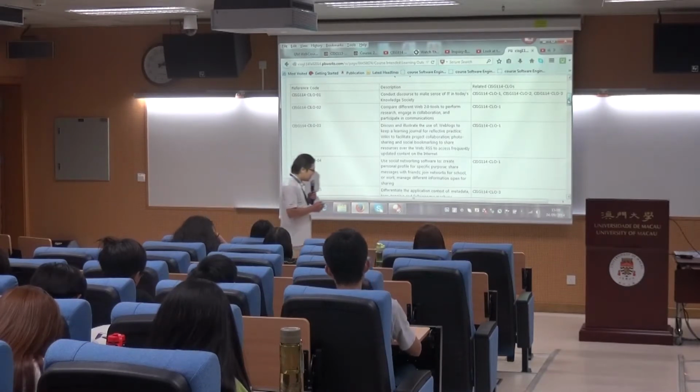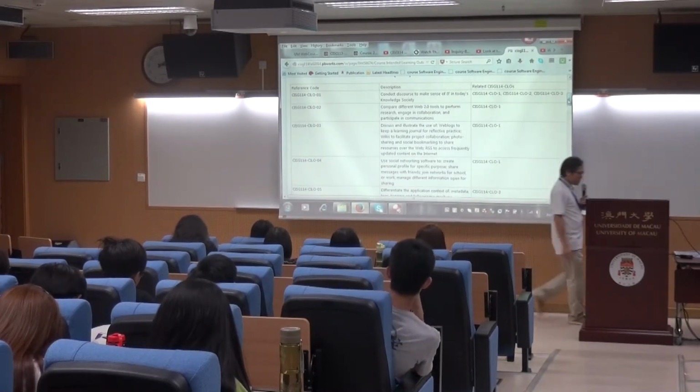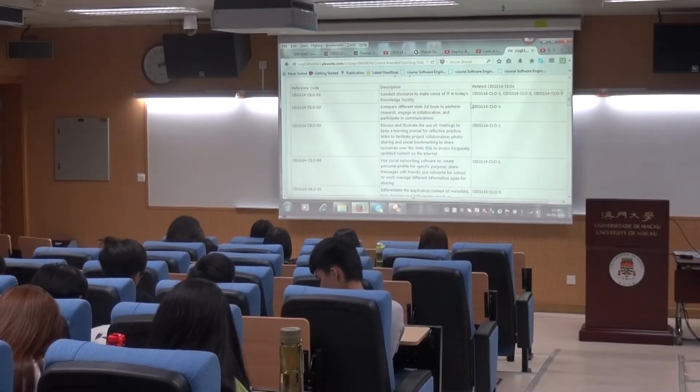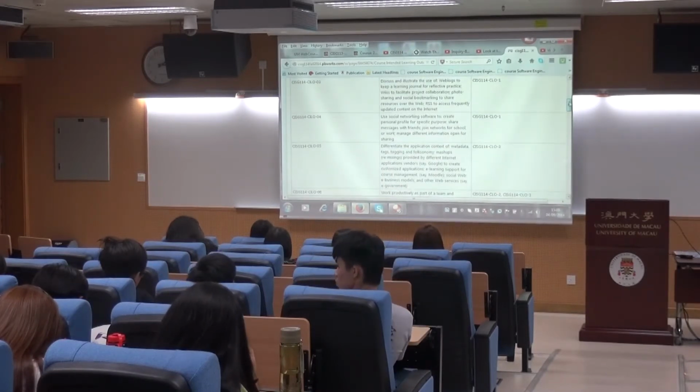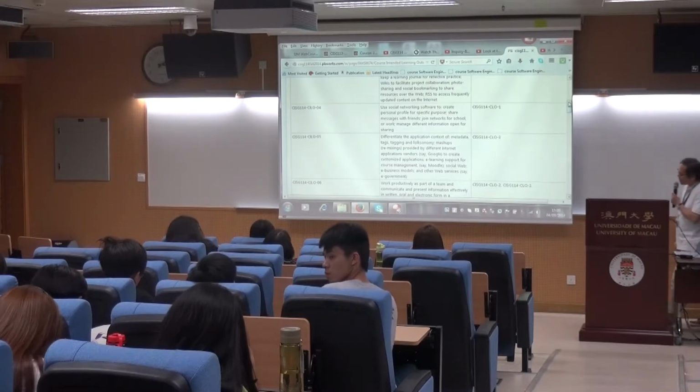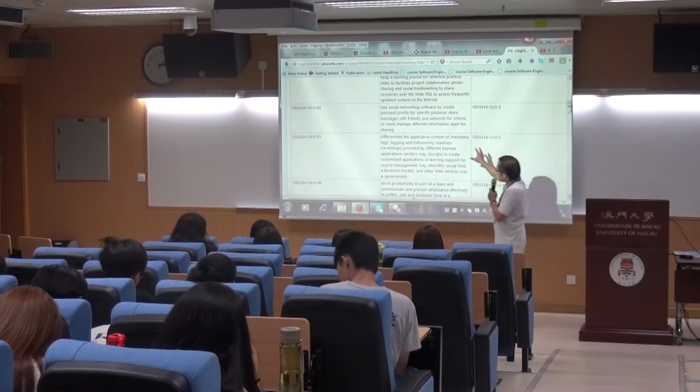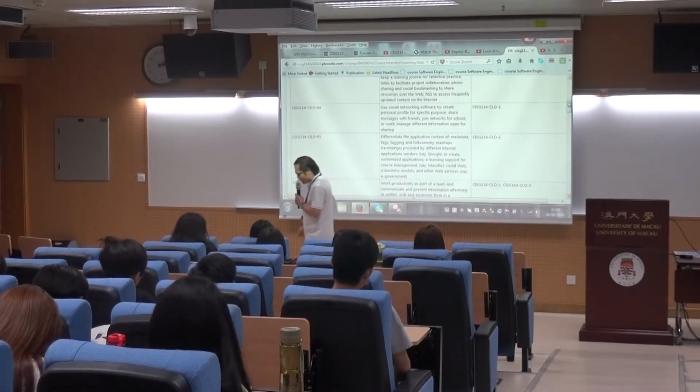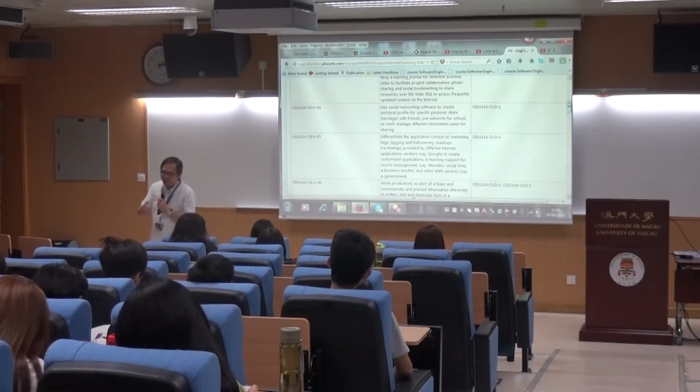Okay, side number 5 is to differentiate. Differentiate means tell the differences, okay? In the context of applications, metadata. Metadata is data which is used to organize some data for easy referencing.